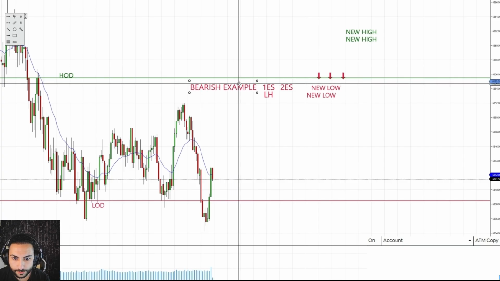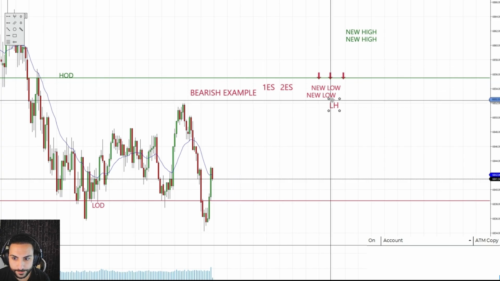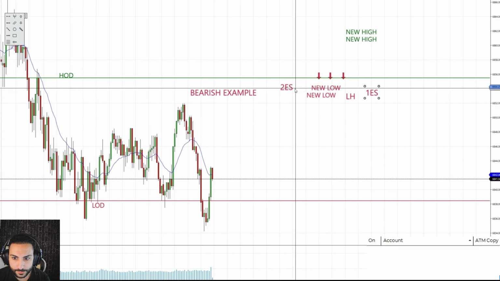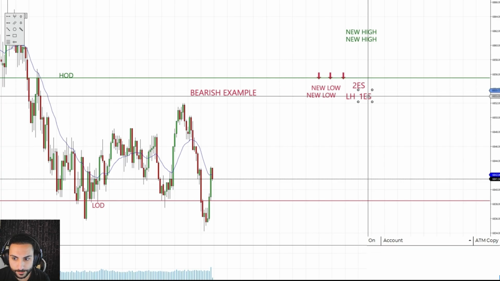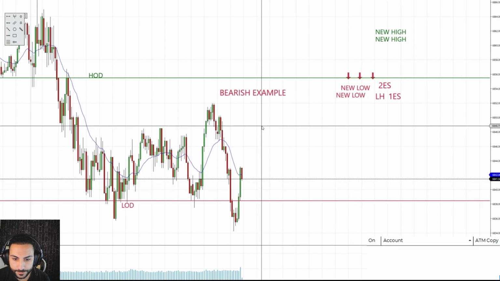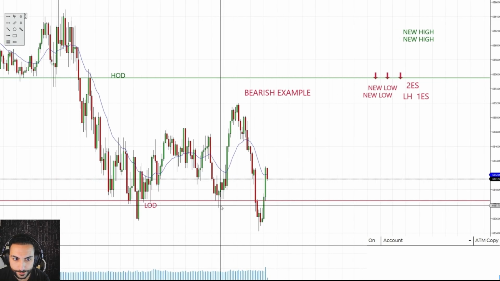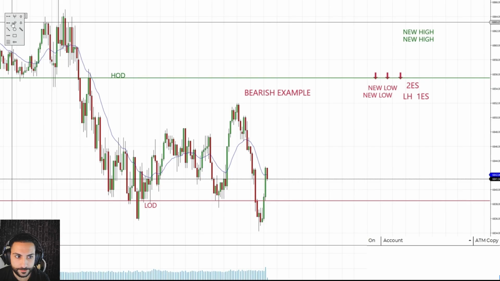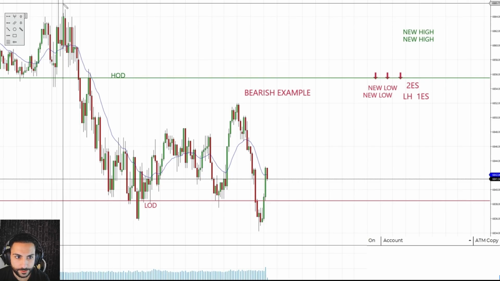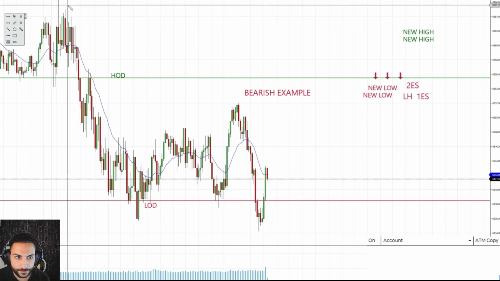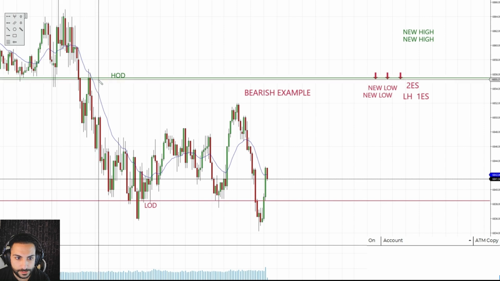So the first example I'm going to do is a bearish example, right? So how I would take a trade when I'm shorting the market, meaning I'm expecting the market to go down and reverse under, right? So initially what I like to do is draw a trend line near the open, just the same way I drew the high of day.